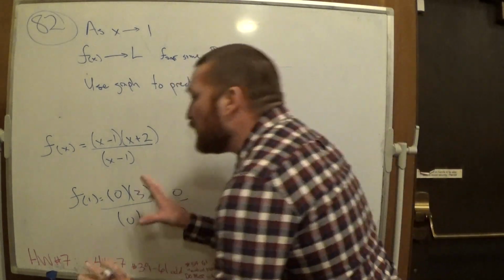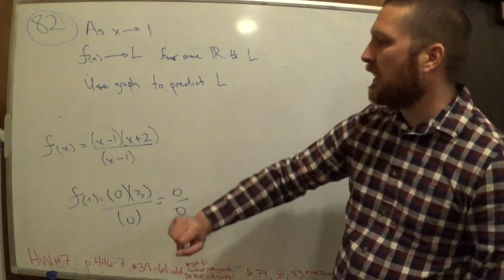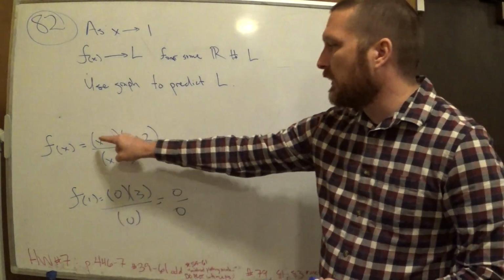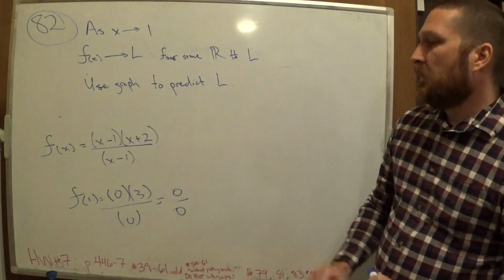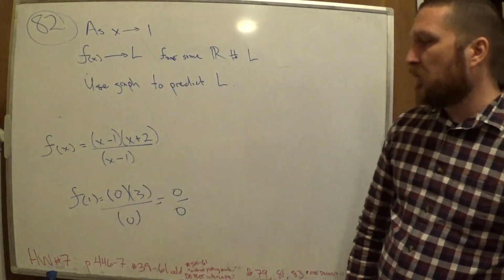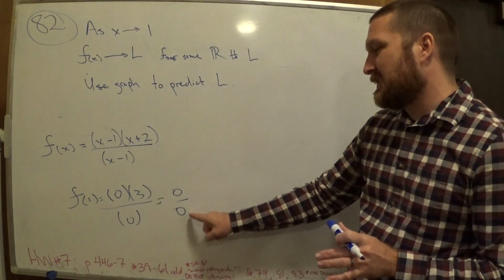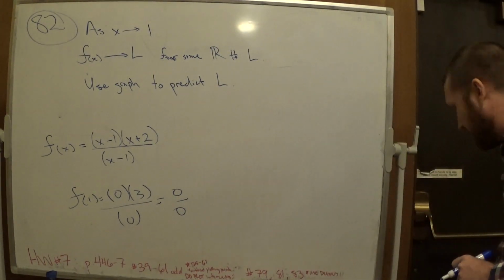Now if you just plug this into a computer and say, hey computer, every time you compute f of x, I want you to do this: take x minus 1, multiply that by that, then divide by this right there. Then you give it 1, and your computer's going to say undefined, because you're dividing by 0. So it's not just going to give you the line x plus 2. But look at this, you can simplify.